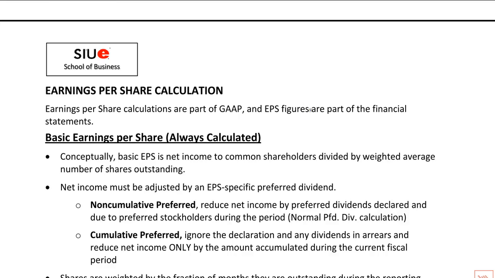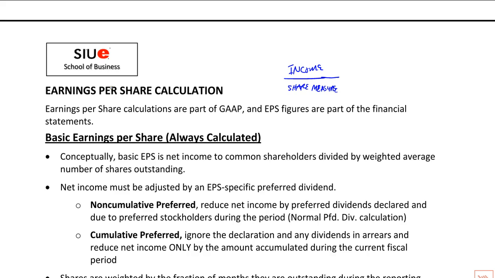You have an income measure over a share measure. If you're an investor, you're not going to buy all the equity in the company. You're going to buy some number of shares. It's useful to measure the income generated on a per share basis, right?